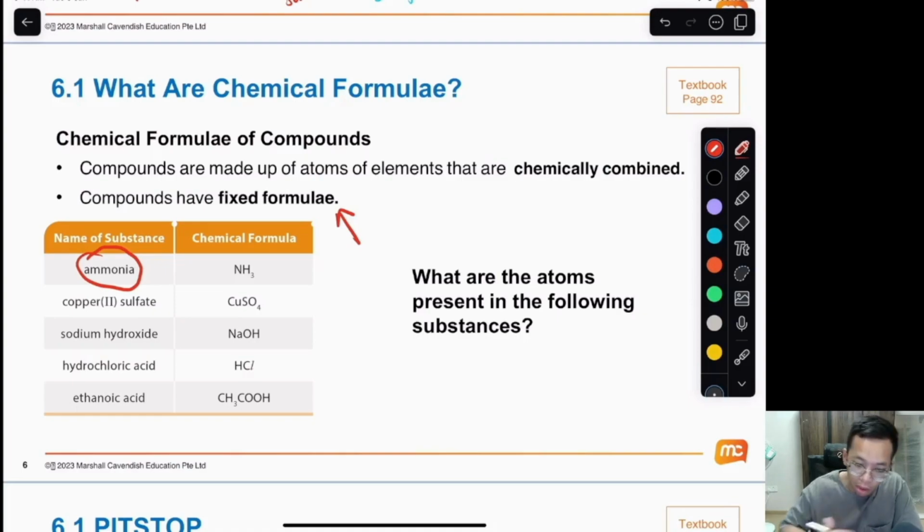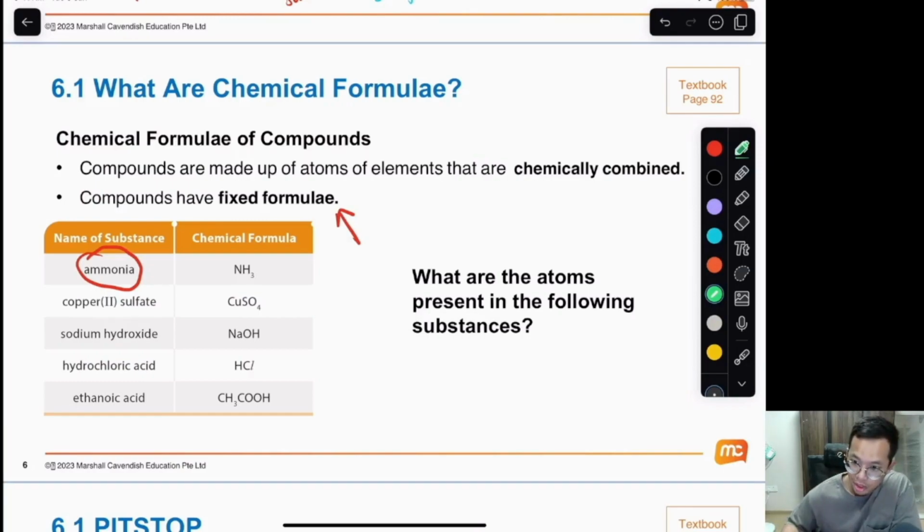So the question now I want to ask you is, what are the atoms present in the following substances? Spend some time to think about it, because I know some of you are still not so sure how to identify the different atoms that are present. So let's take a look at ammonia.